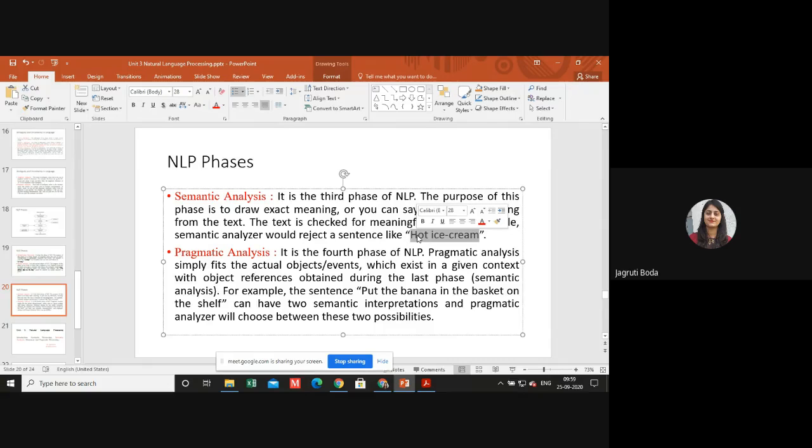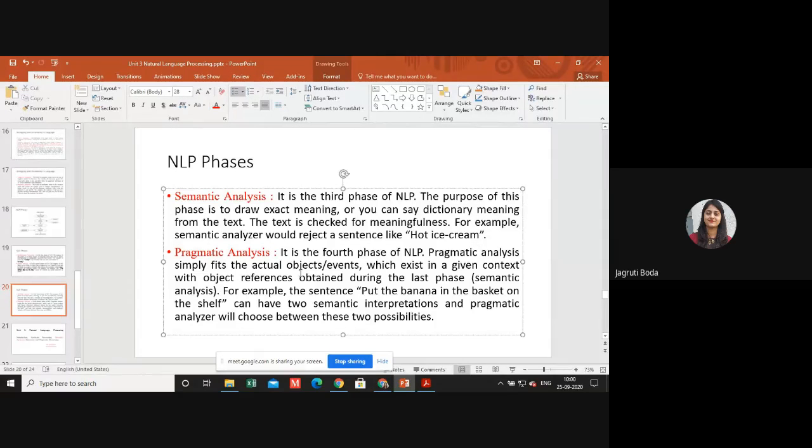But they check the exact meaning of your words. Means, what is the role of semantic analysis? Hot ice cream is not possible, right? So it rejects this. Means they check the meaning in the dictionary, whether it is possible or not. The text is checked for meaningfulness. What is the value or the meaning of this phrase? So it is rejected by semantic analysis. Clear?